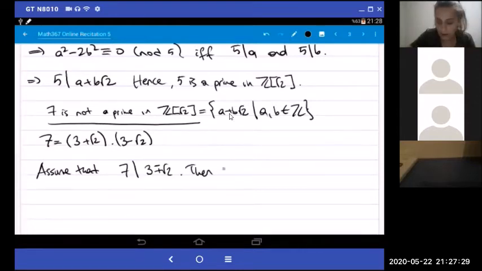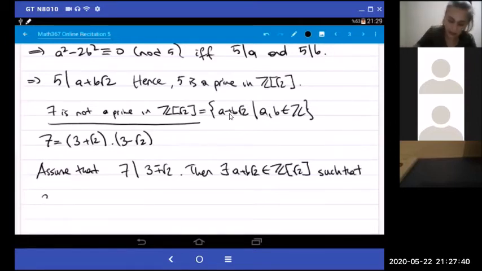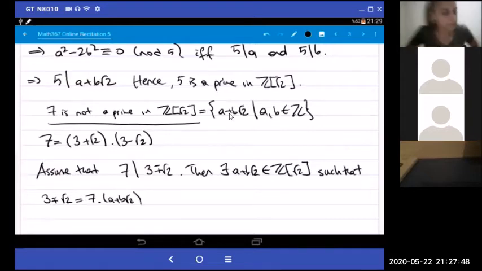Then there exists a plus b root 2 in this ring such that 3 plus minus root 2 is equal to 7 times this one. This is even not necessary, but I wrote it.